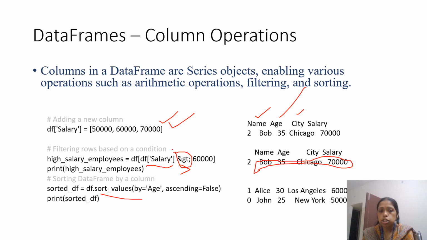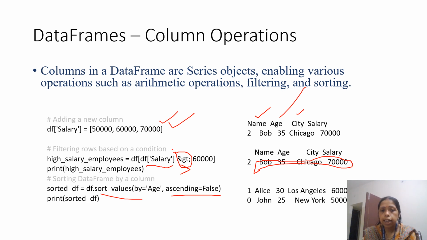So based on the age column I am sorting, so by equal to 'age'. If you do not write ascending, then it will be sorted in ascending order. If you write ascending equal to False, then the data frame will be sorted in descending order. So 35, 25, 20, like this it will be sorted.